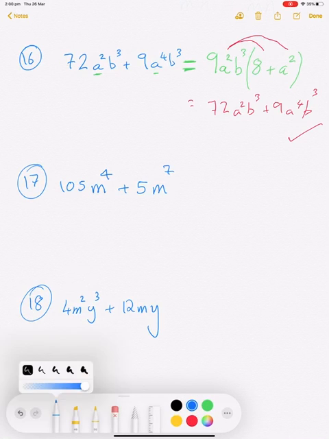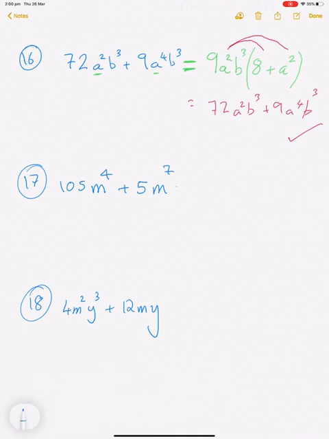Okay, so the highest common factor is going to be 5. And the highest power of m we can take out is m to the 4. How many 5s are in 105?